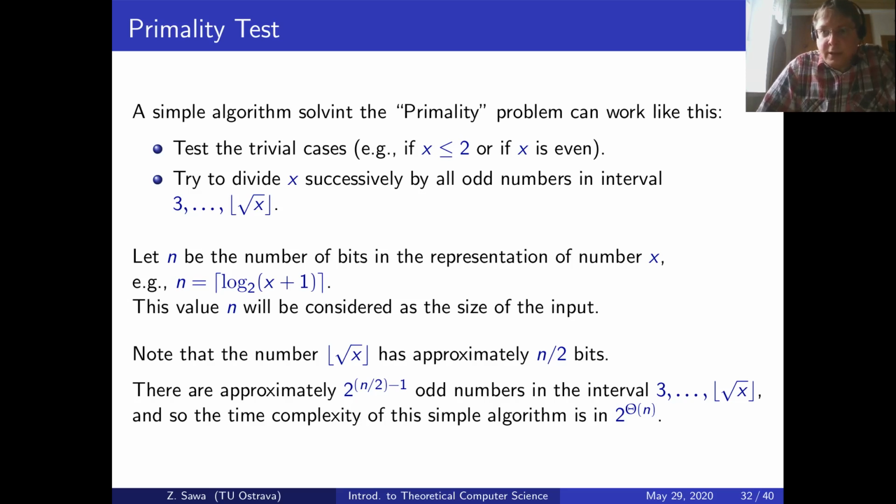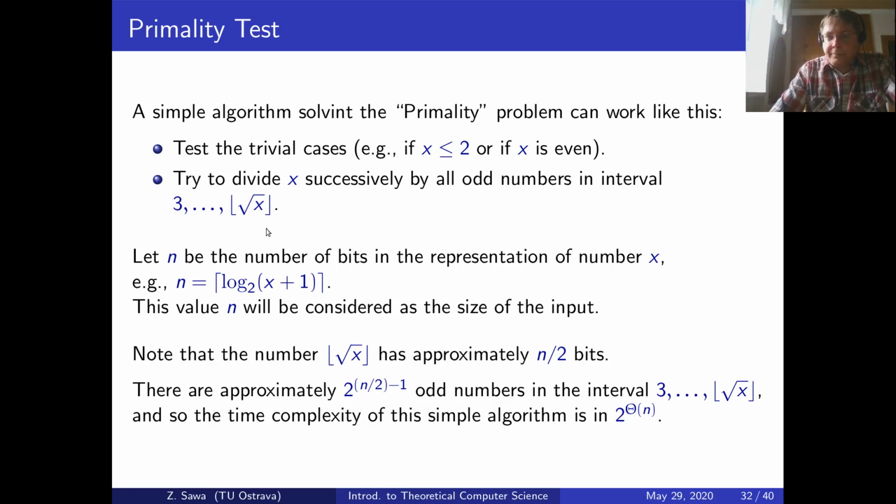So I cannot have a times b equal to x where both a and b are greater than the square root of x. At least one of them must be smaller. In fact, either both of them are equal to this, or one of them is smaller and one bigger than the square root of x. So it's quite obvious.